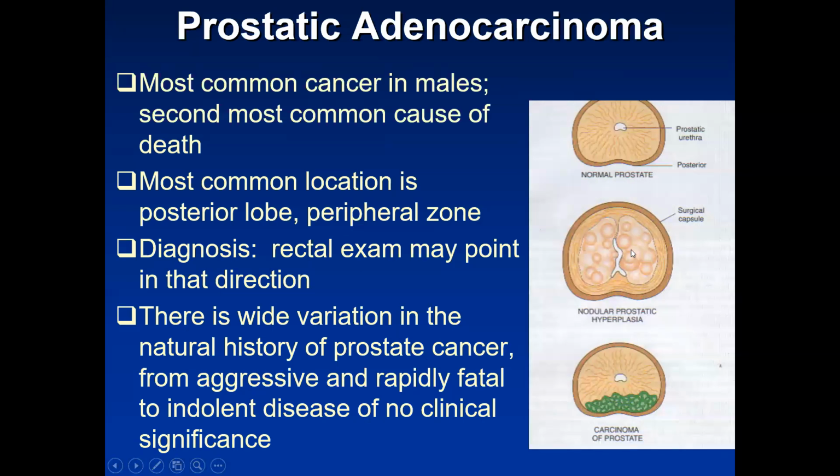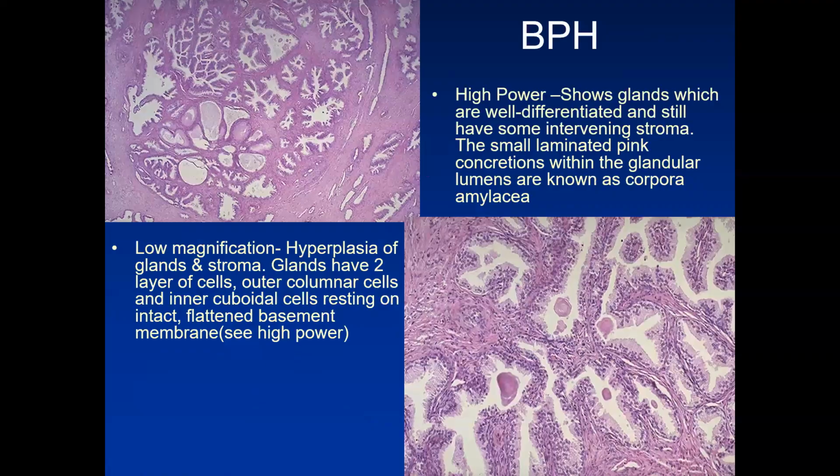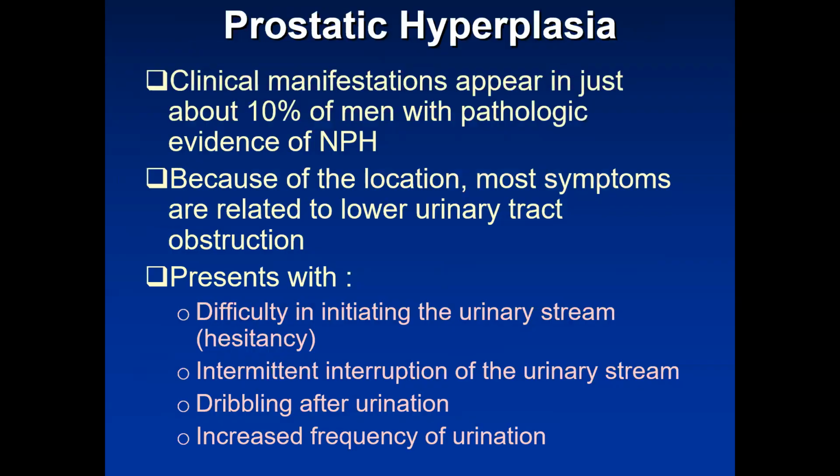So as a result, the symptoms the patients will get are usually obstructive symptoms. They have a problem initiating the urinary stream. You can tell if someone is having BPH by the time they spend in the restroom, believe it or not.